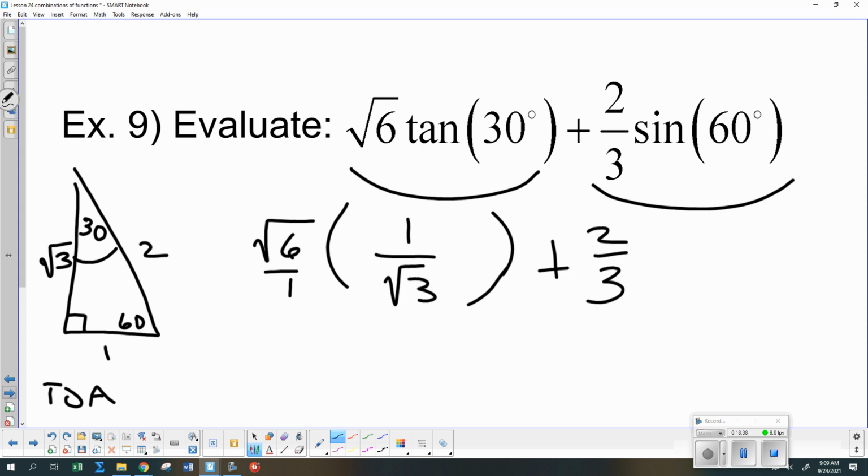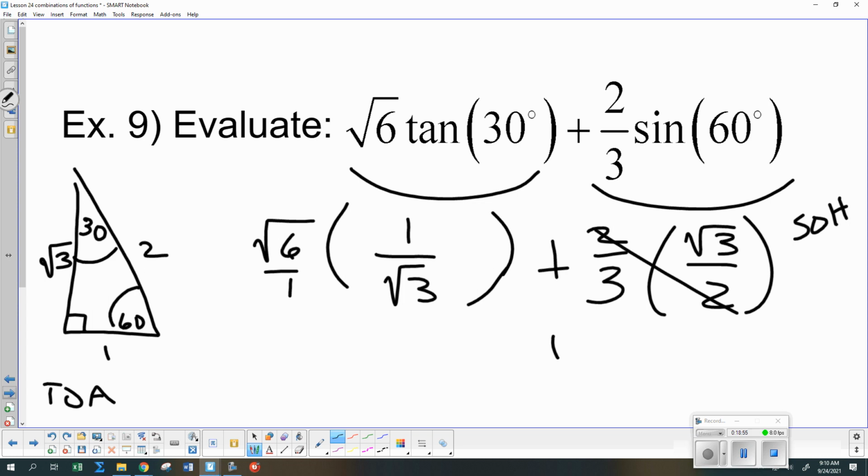And then sine, so that's opposite over hypotenuse, but this time I need to use the 60. So what do I have, root 3 over 2? So my 2's cancel, so I have root 3 over 3 for that part.